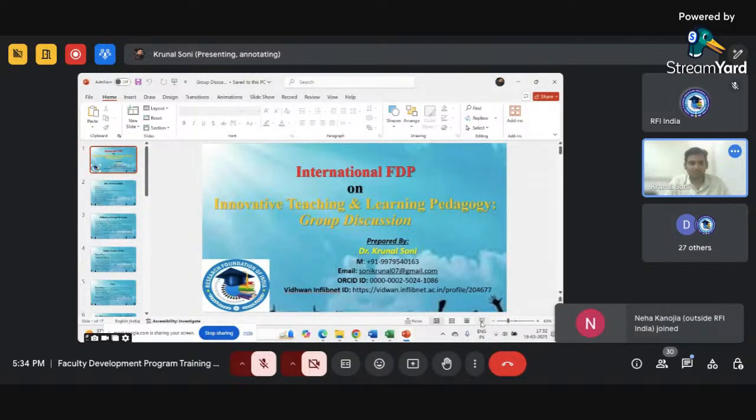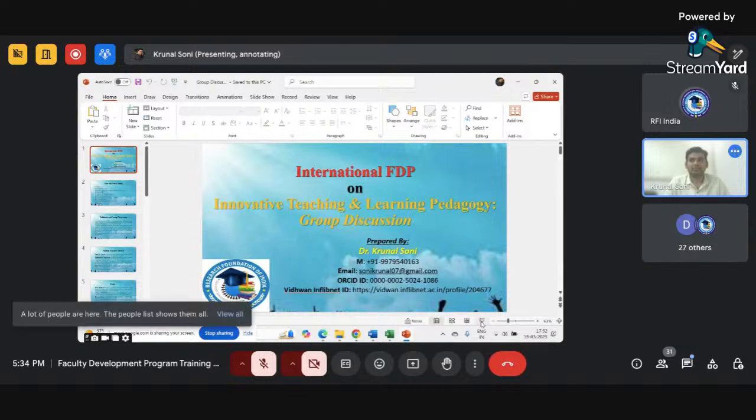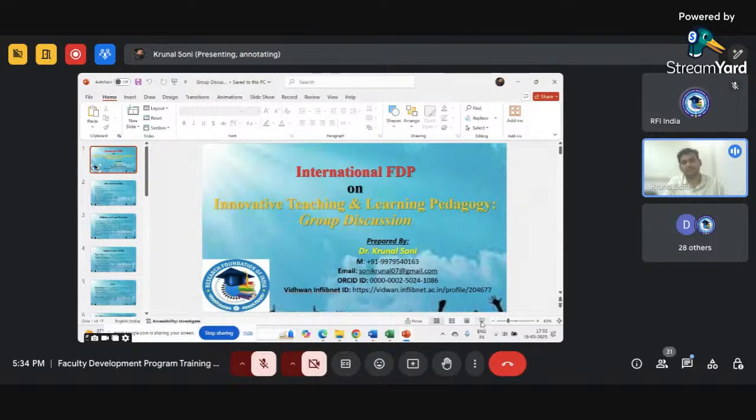Again, the second aspect for the group discussion is it is not restricted only for the selection perspective, but even if we have to develop certain skills and talents among the students, on that perspective also group discussion is very, very important in terms of what they have learned, what they have perceived in terms of the lectures that we have conducted, in terms of the opinion that we have to take up.